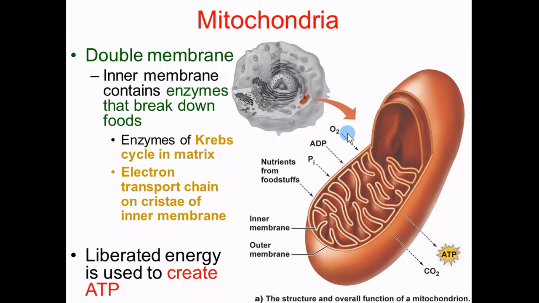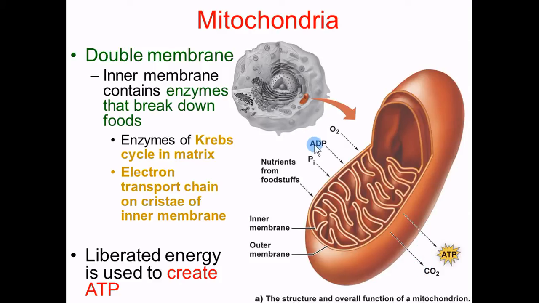So here's the big overview. On this side, oxygen, ADP, not ATP, this is a precursor to ATP, and nutrients come into the mitochondria. It manipulates these things, processes them, moves them along the cristae, and on the other side pushes out ATP and carbon dioxide. It makes a lot of energy and then this waste gas.